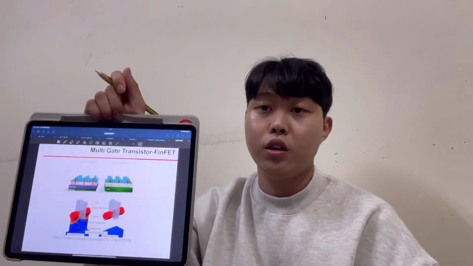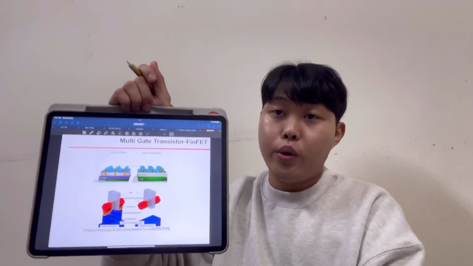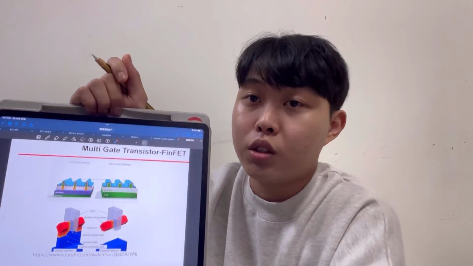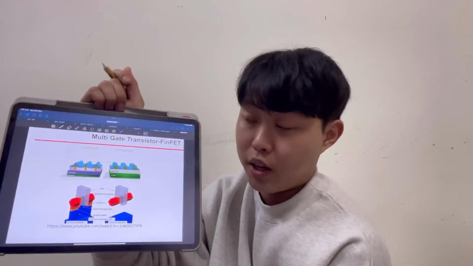So now let's see what we use in the semiconductor field. We use a multi-gate transistor such as FinFET, because these problems, short channel effects and a lot of others, happen because the gate voltage couldn't control other parts such as the body, drain or source.